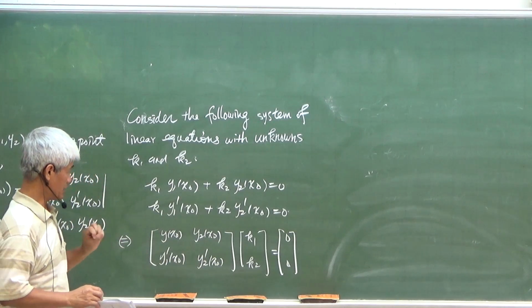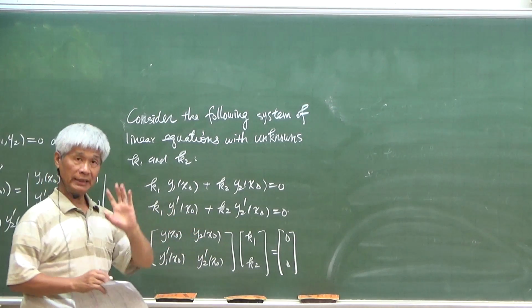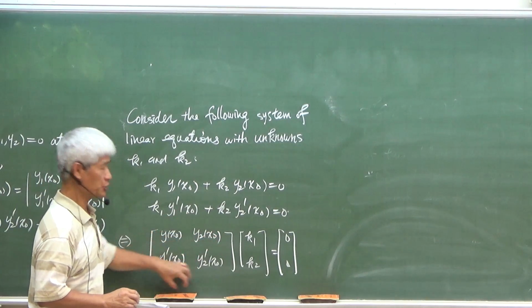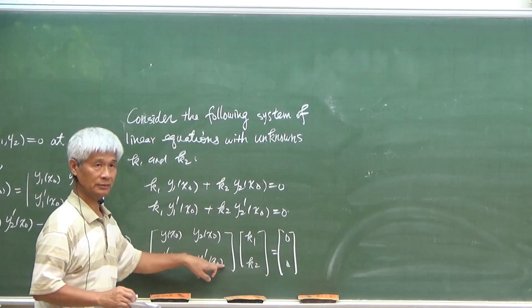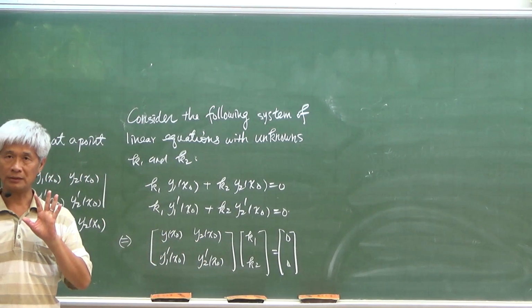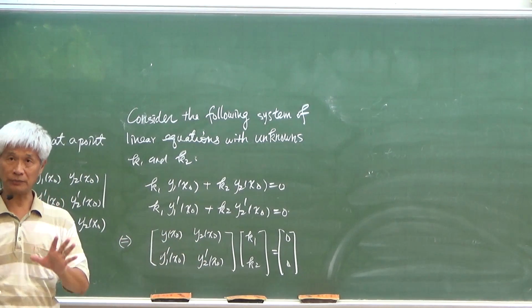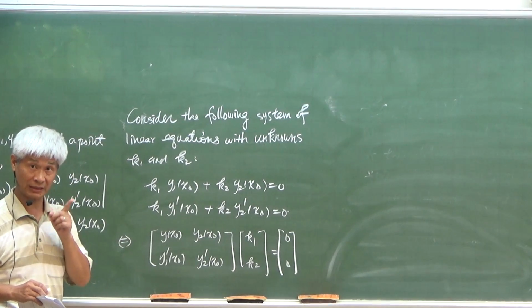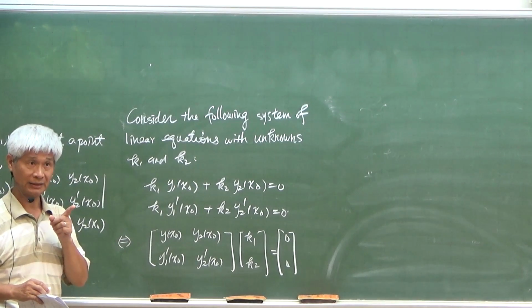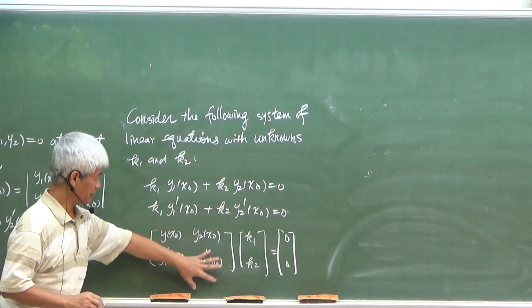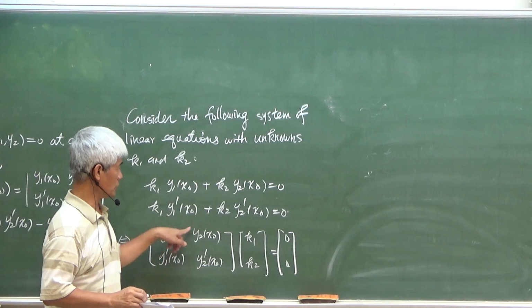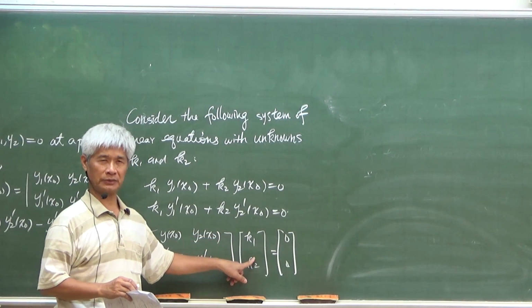The next question is that in linear algebra, you should have learned that if the matrix is not invertible, it means the matrix is singular. You know the terminology singularity? So if this matrix is singular, then the homogeneous system of linear equations has a non-zero solution.